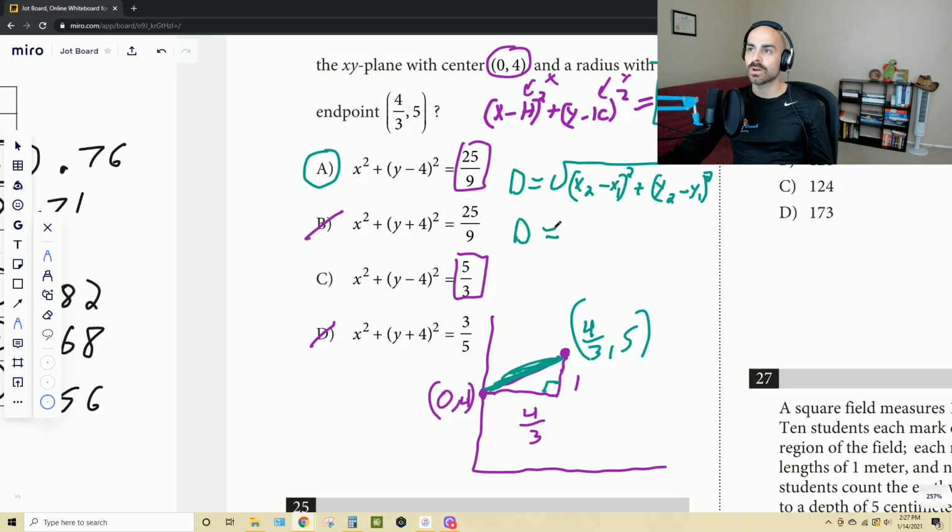And once you solve for that, just to save us time on this video, I have the calculation here. We have 1.66 as the distance. And because the formula is asking for the radius squared, when you square that, you end up with the equivalent of 25/9.